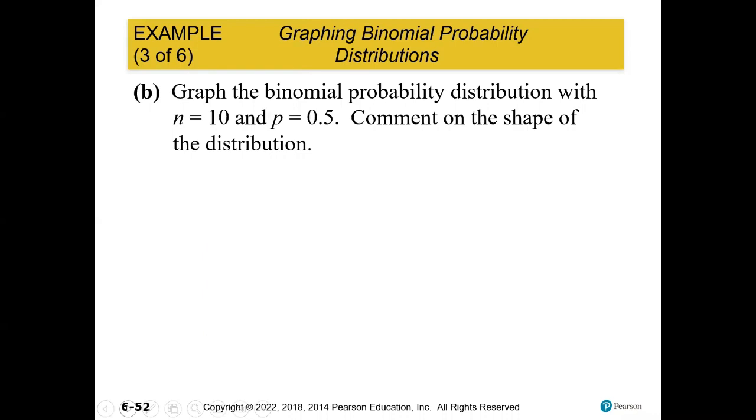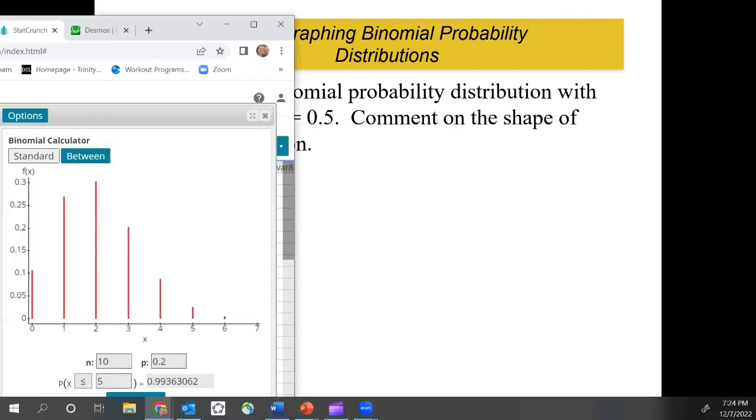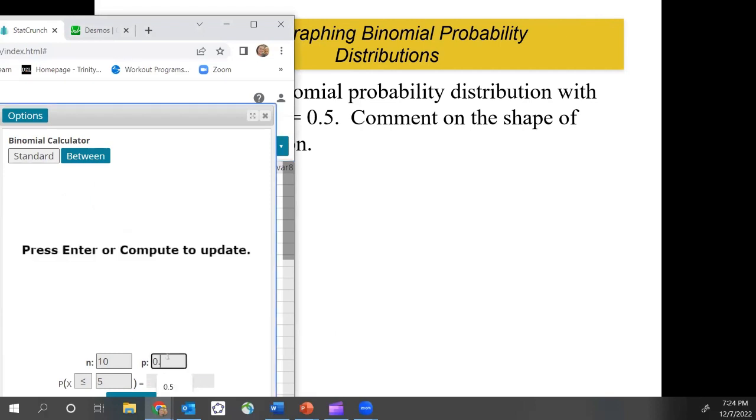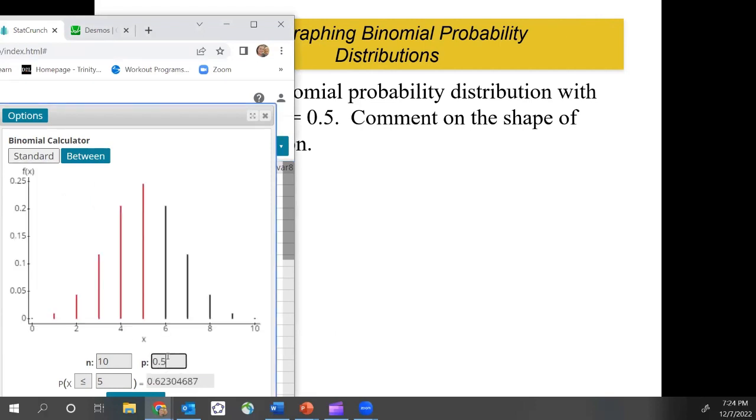So working with the same N, 10, but changing the probability to 0.5. Okay, it's going to make it exactly symmetric. Why? Well, let's go back here.